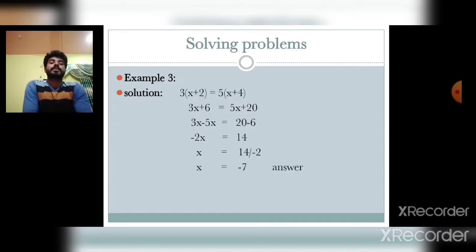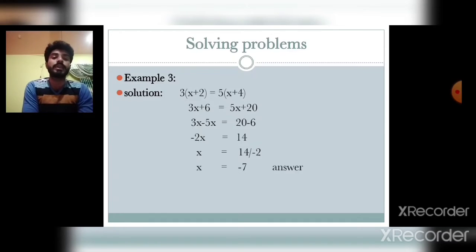We will put the constants with constants and the variables with variables. So we have the 3x, and we take the 5x from the other side of the equation. There it was plus, and when we bring it to the left side, it will change its sign to minus. So there is 3x minus 5x.